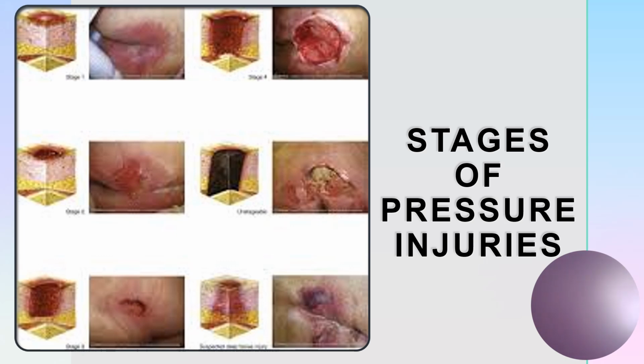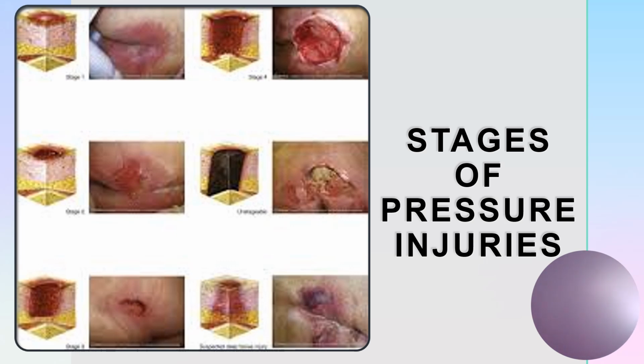And then, as I was talking earlier, we have a deep tissue injury, which is the 6th type of pressure injury. It's that dark purple. It can also be really dark red in color. The skin is usually intact, and it will be located over a pressure point. We can also have a blister that at one point was filled with serum.